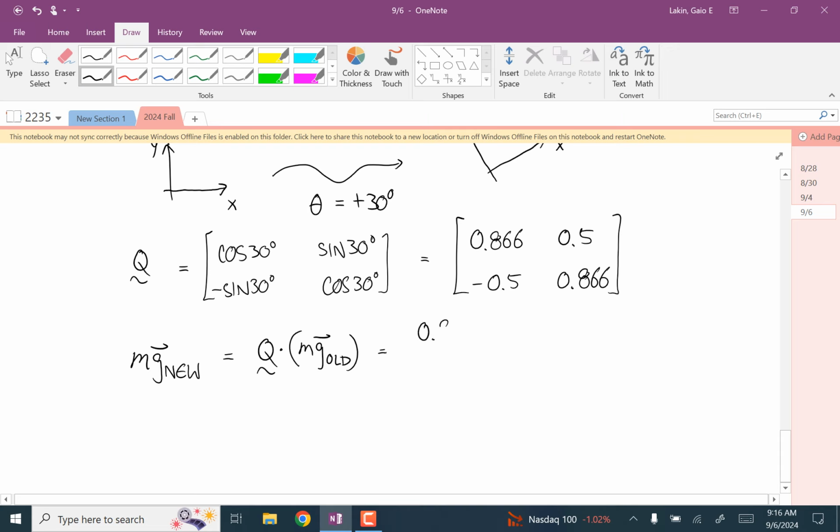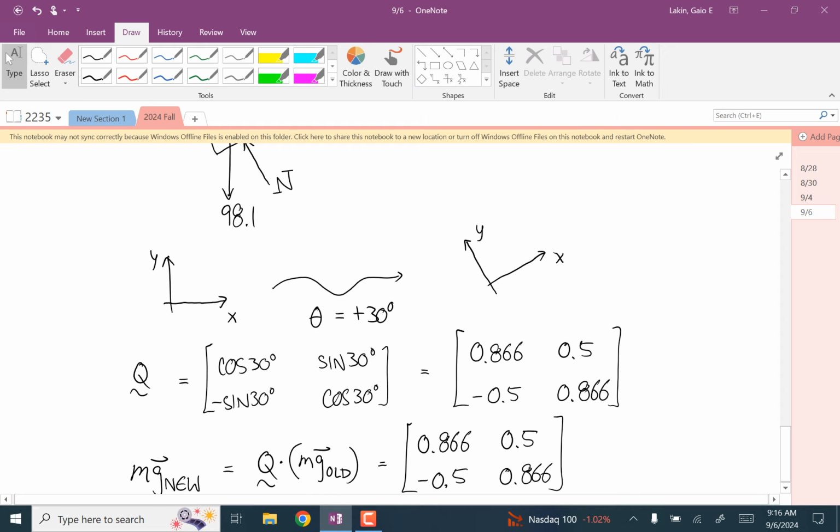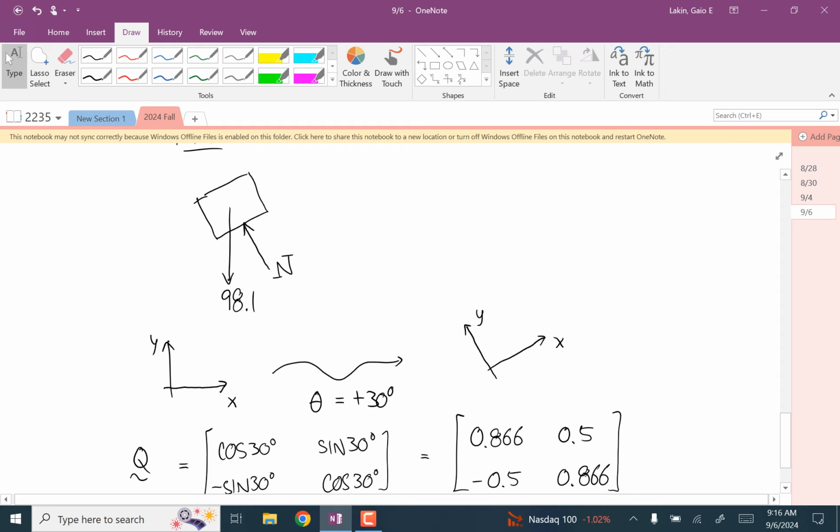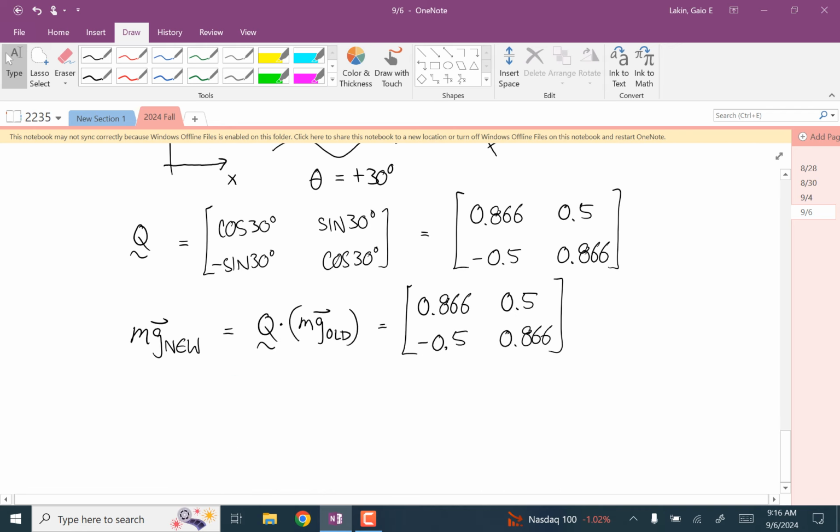And that is 0.866, 0.5, negative 0.5, positive 0.866, times, what's mg in the old coordinate system? 0, negative 98.1. Yep, right, exactly. 0, negative 98.1. And so do this multiplication.